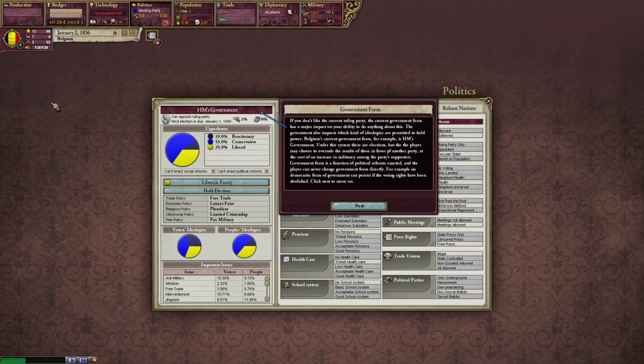Under this system, there are elections, but the player may choose to overrule the results of these in favor of another party, at the cost of an increase in militancy among the party's supporters. Government form is a function of political reforms enacted, and the player can never change government form directly. For example, no democratic form of government can persist if the voting rights have been abolished.